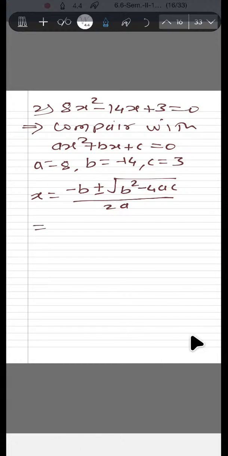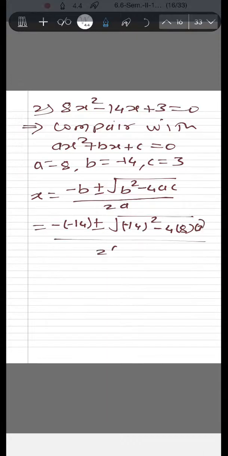So what is the minus b value? Minus 14 plus or minus square root of b square, so here 14 square. Don't forget the negation symbol. Minus 4 into the value of a, which is 8, and the value of c, which is 3.